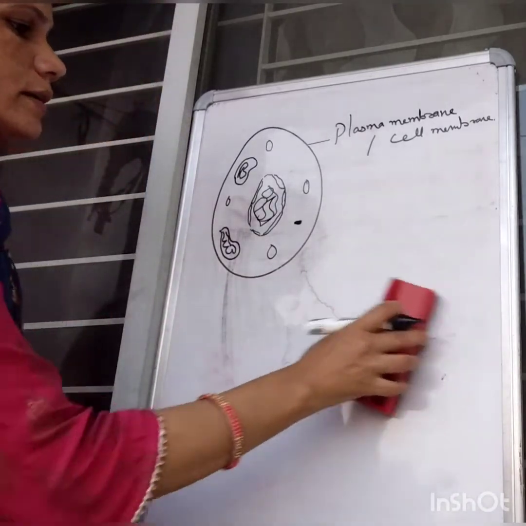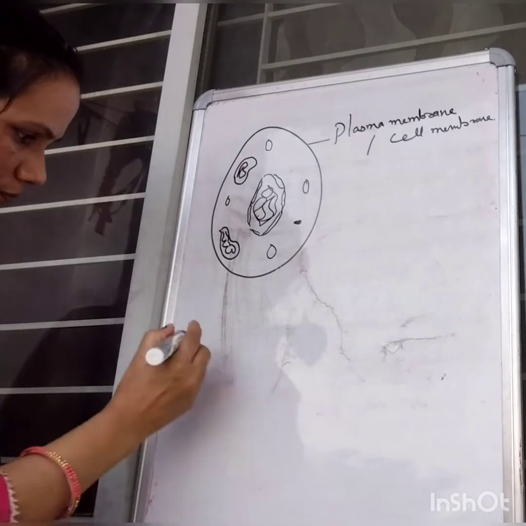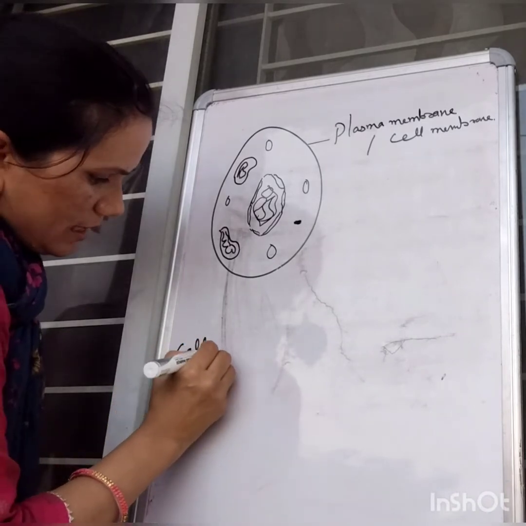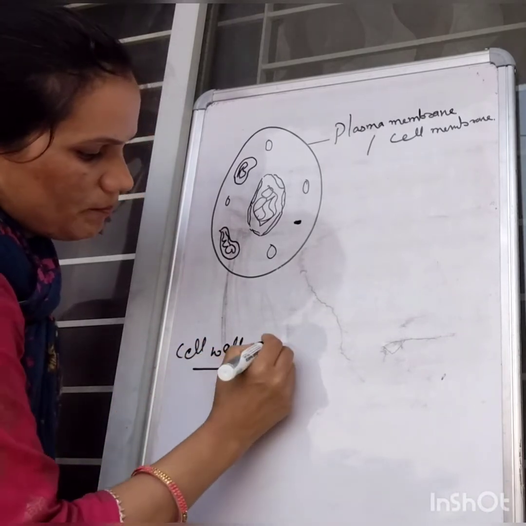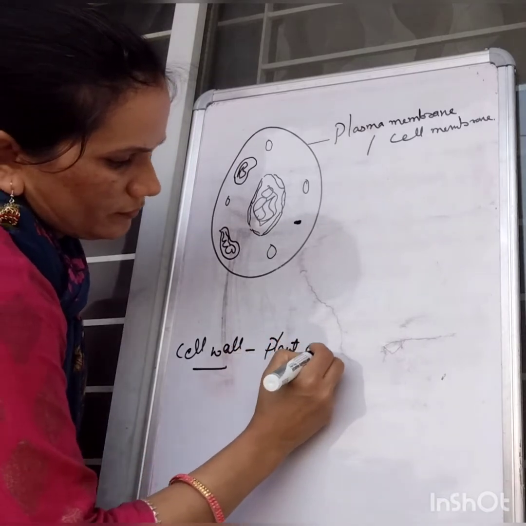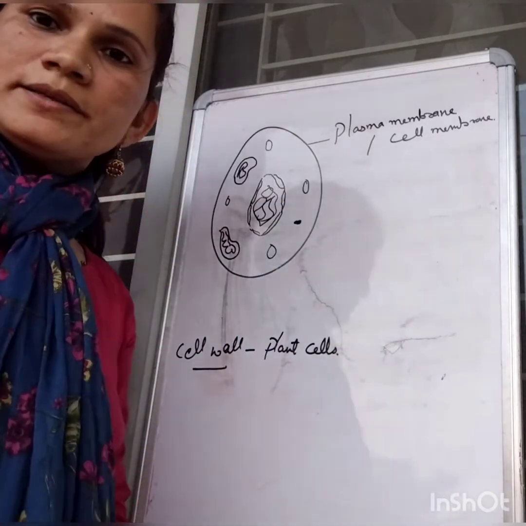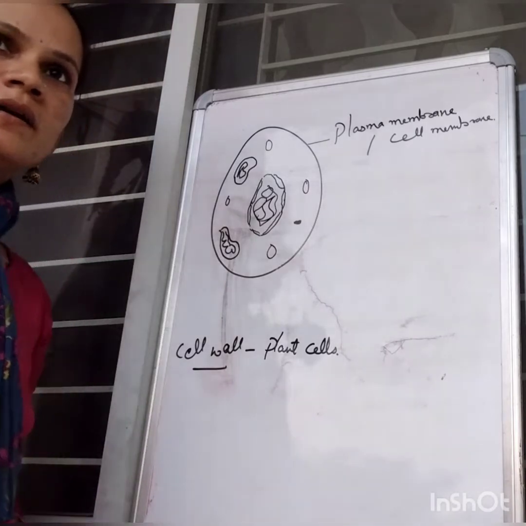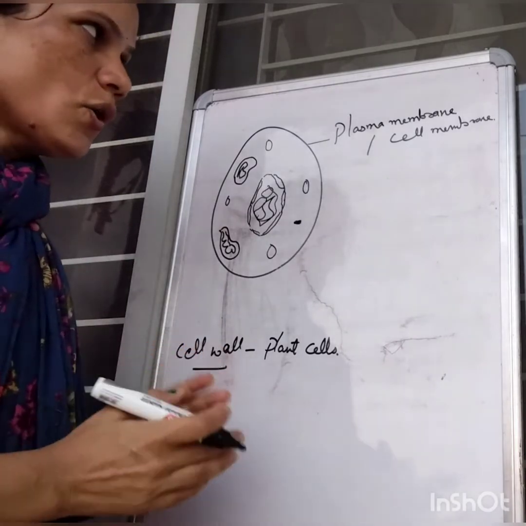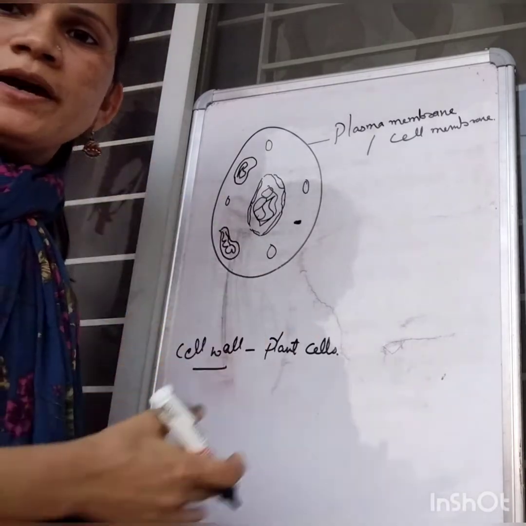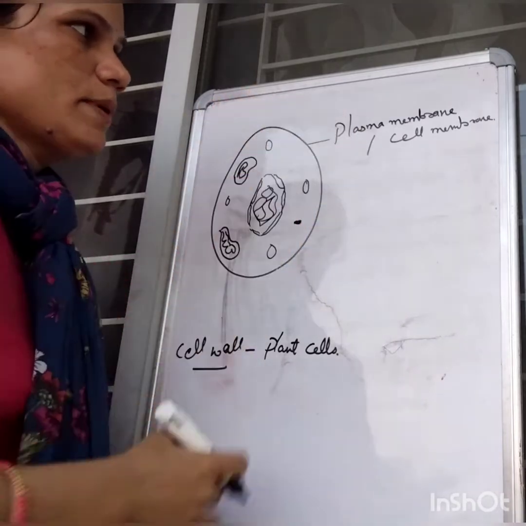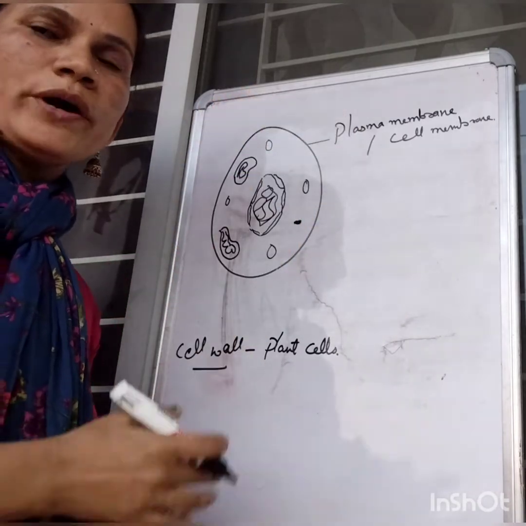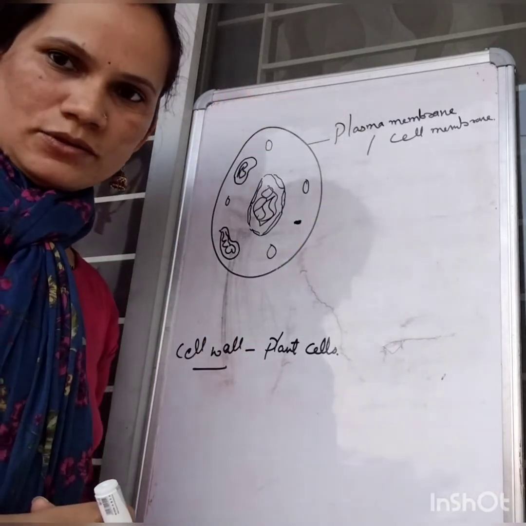Another one is our cell wall. It is mainly present in plant cells. It is the outer covering behind the plasma membrane, and it provides turgidity to plant cells only.